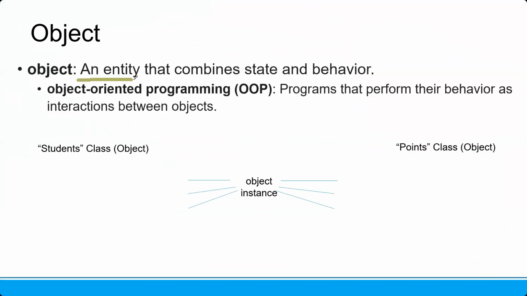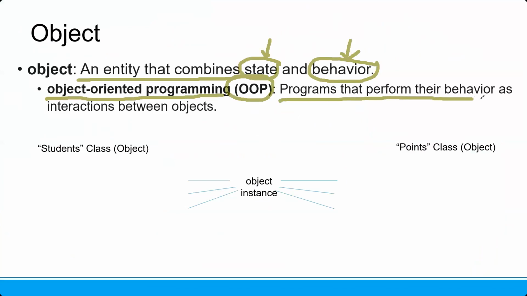An object is an entity that combines state and behavior. We will learn what state is and what behavior is. We call this object-oriented programming, or usually OOP. It is programs that perform their behavior as interaction between objects.